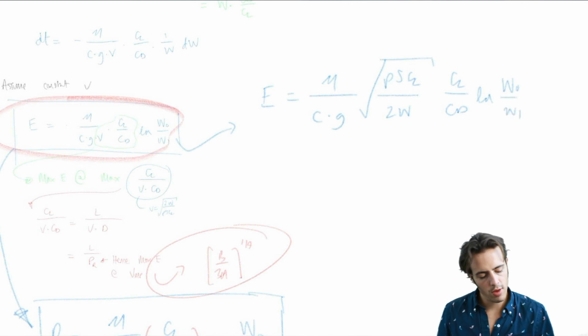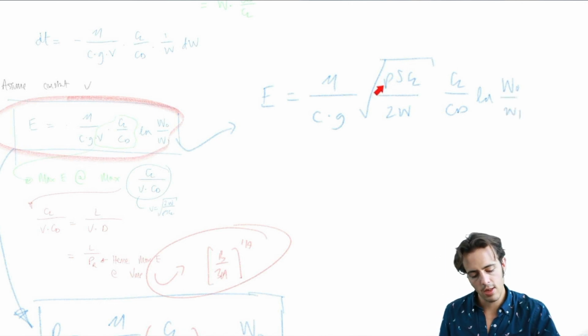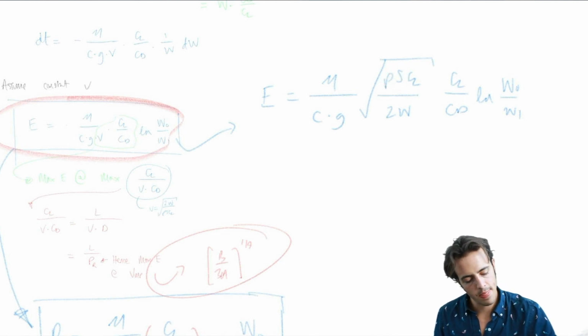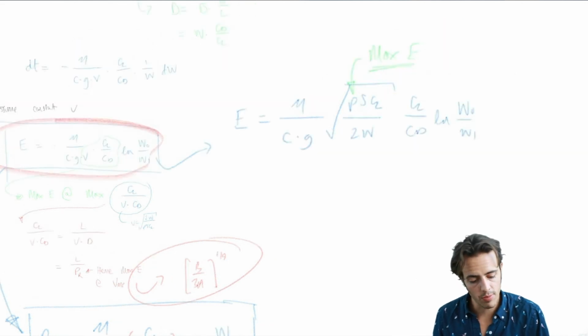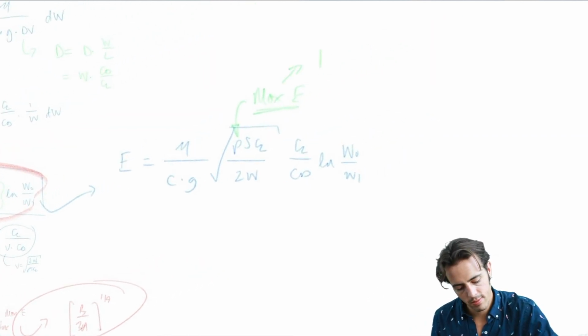So what we've just shown is that the endurance is proportional to the square root of the density, but this shows us that for max E, we've got to fly at sea level if we're in a propeller driven aircraft.